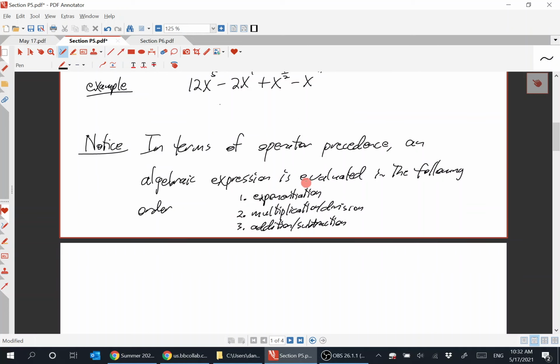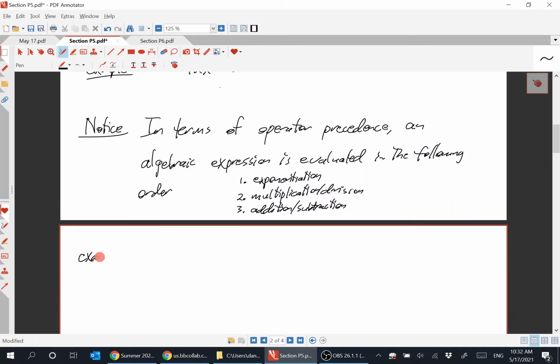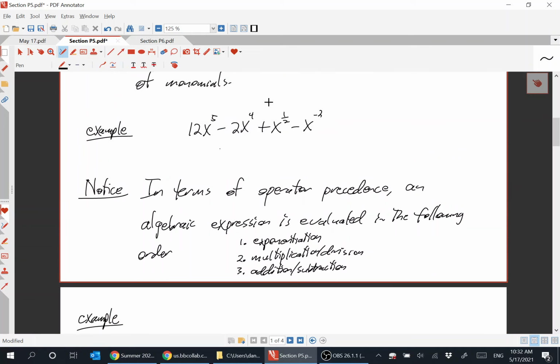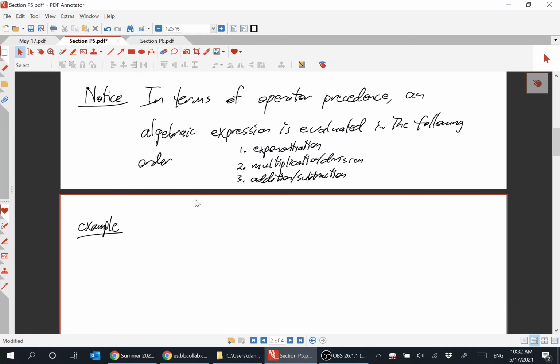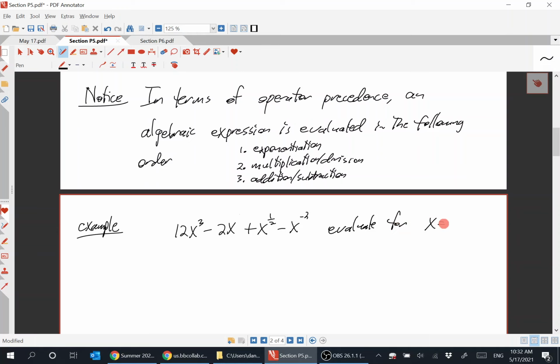For example, in this algebraic expression, let me get rid of that 5th power and 4th power. Let's make that 3, and make this just x. So evaluate for x equals 4.